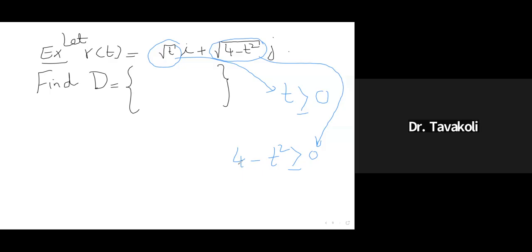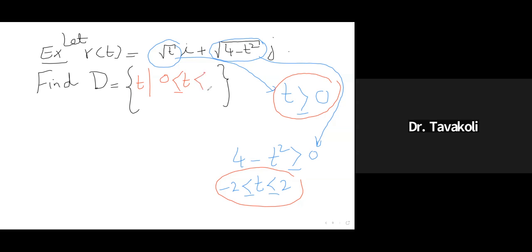As you know, again, these are the kind of things that you have seen in more elementary courses. t must be from minus 2 to plus 2. Now, the intersection of these two conditions, t more than or equal to 0 and t from minus 2 to plus 2, is all the t's such that t is more than or equal to 0 and less than or equal to 2.